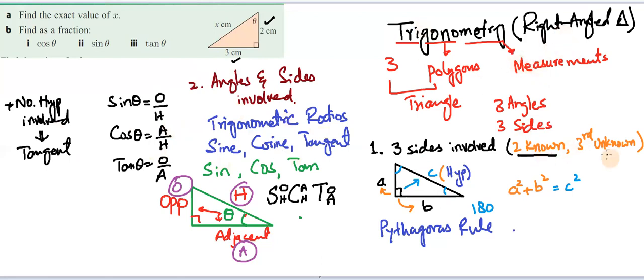So two sides known and third side unknown, it's all good to apply the Pythagoras rule. And this side, which is opposite to the 90 degrees, is the hypotenuse.